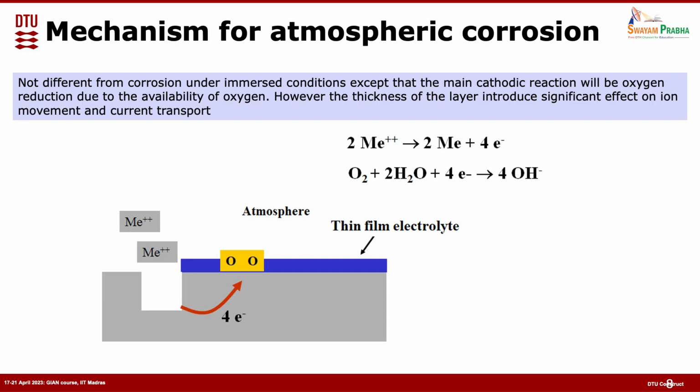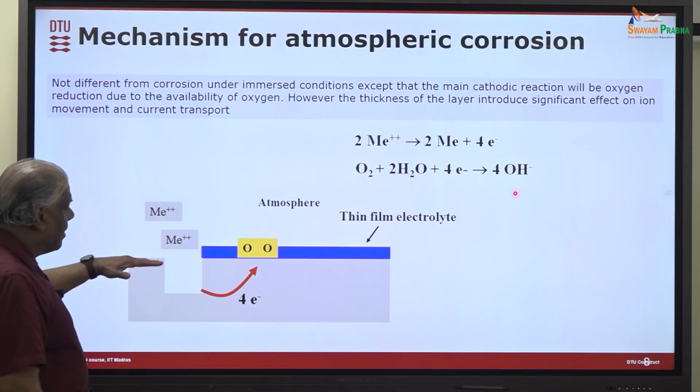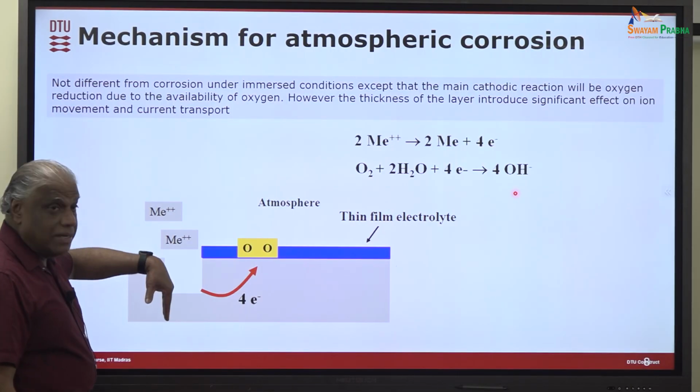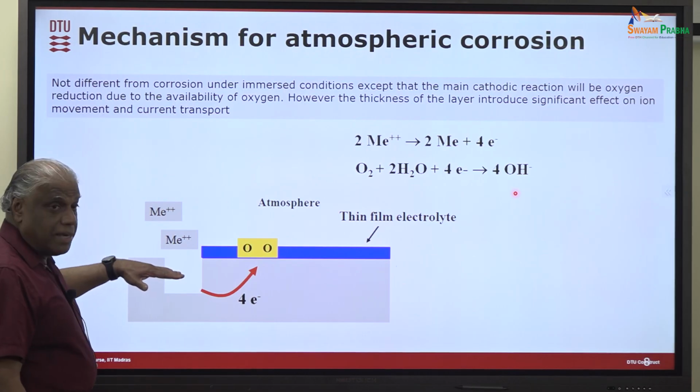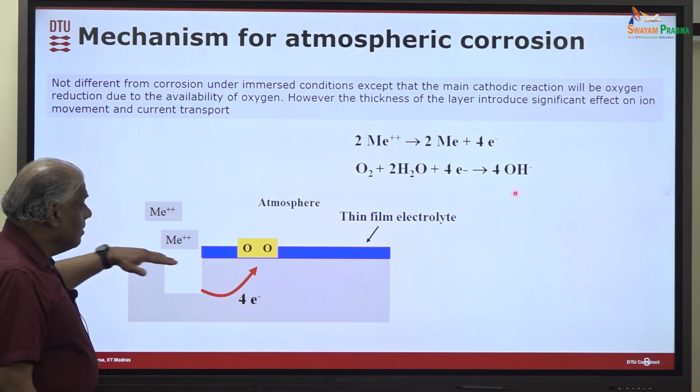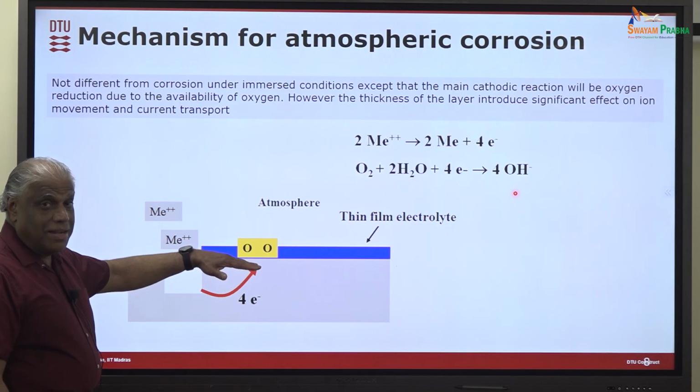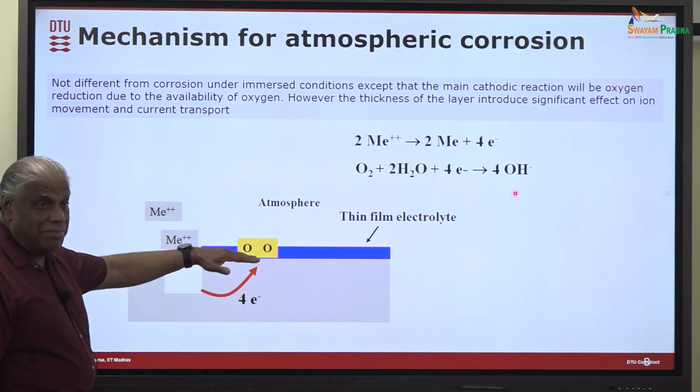Of course, I should also say that this is a little bit theoretical. It depends upon whether the substrate is oriented like this or like this. If the substrate is oriented like this, all the corrosion products form and settle on the surface, and that adds an extra barrier.